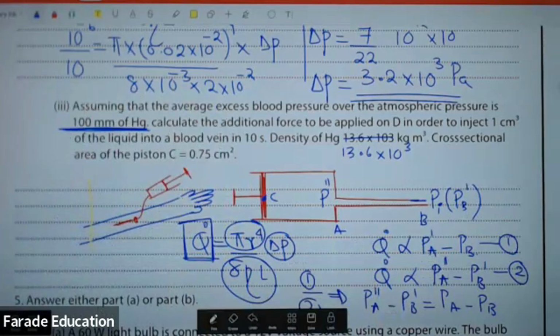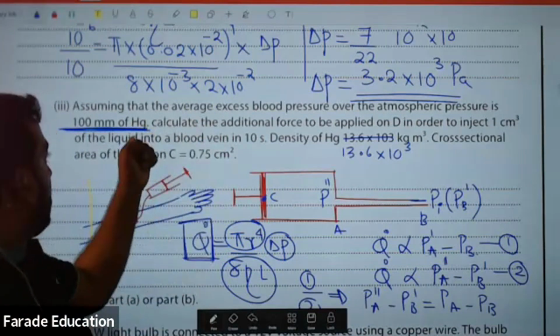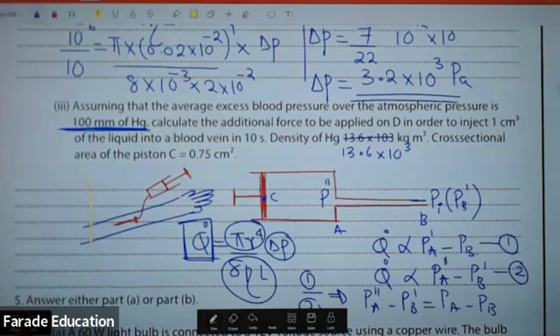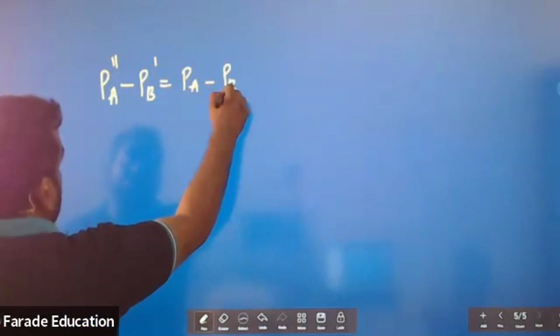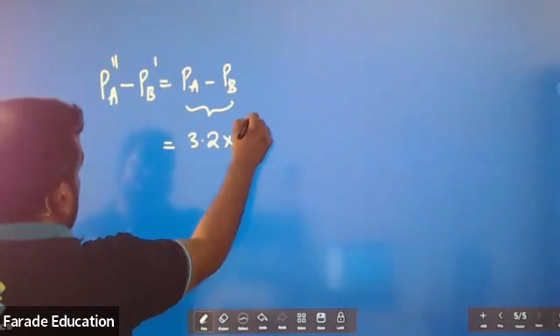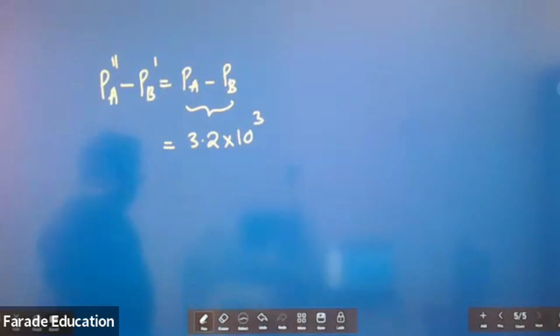PA double dash minus PB dash equals PA minus PB. PB dash is the pressure 100 millimeter mercury, right? Earlier pressure difference is 3.2 times 10 to the power 3, right? Simplify this. PA double dash minus PB dash equals PA minus PB, the earlier pressure difference, 3.2 times 10 to the power 3.